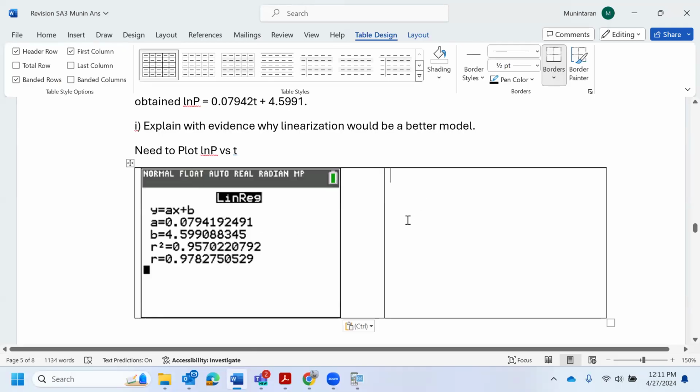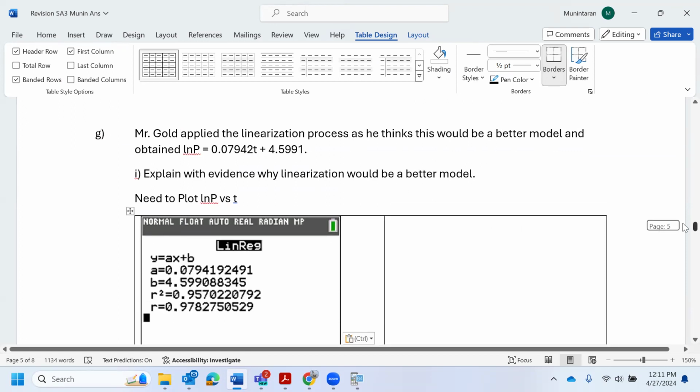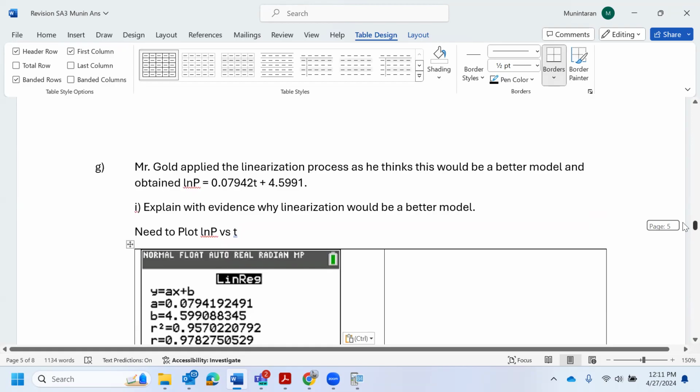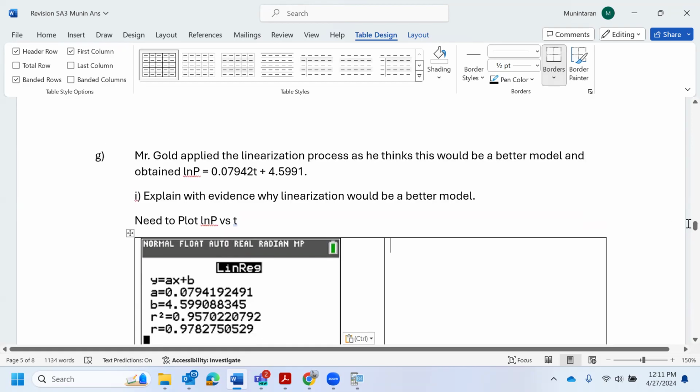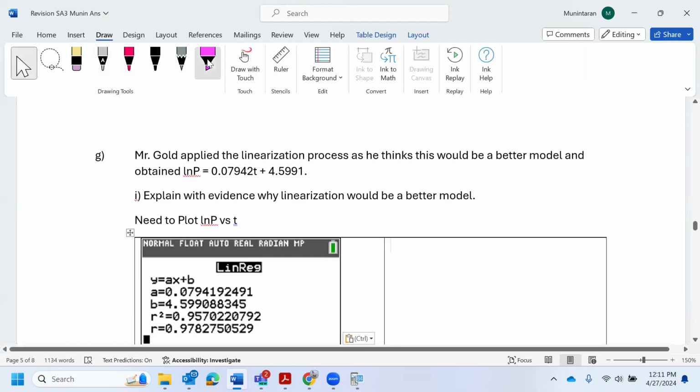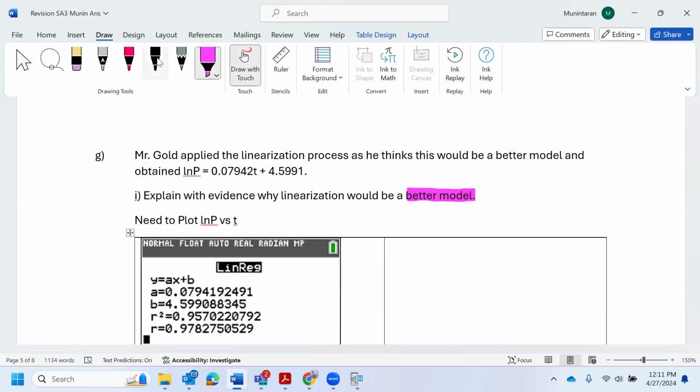We're going to compare. Is this the answer given? 0.742, 911, correct. We're going to compare, because for a better model, you are required to compare the r value.